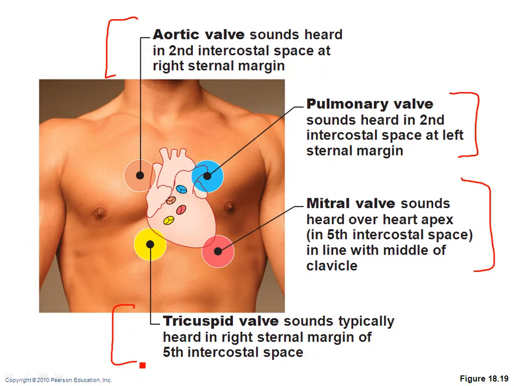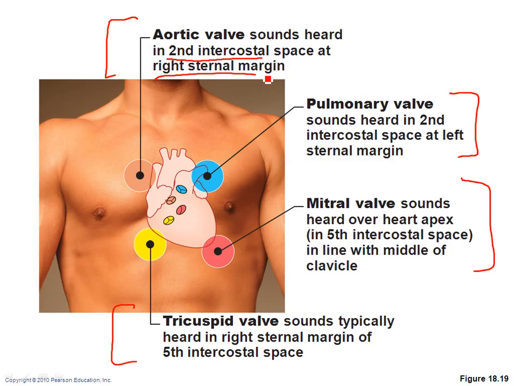What they're showing you here, for example, is that if you place a stethoscope in the second intercostal space, the space between rib number 1, rib number 2, and rib number 3, over on the right side, the right sternal margin, you're supposed to be able to specifically hear the closing of the aortic valve.